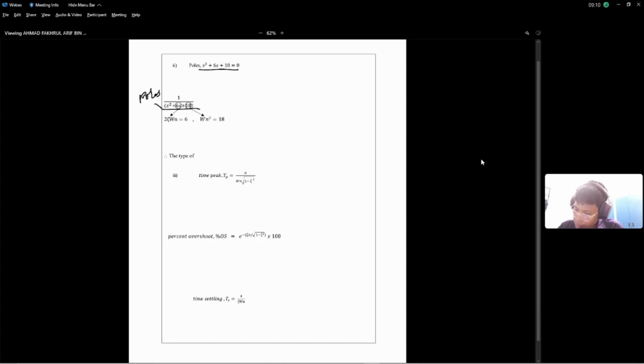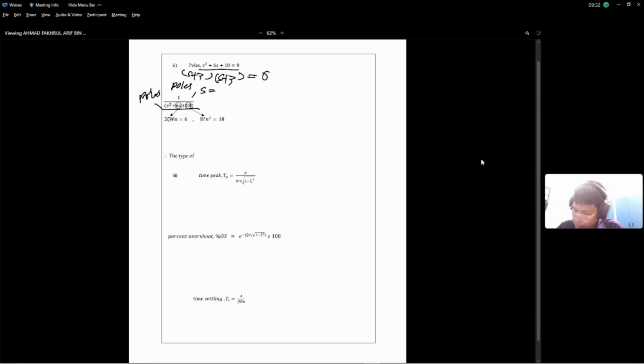So this is a quadratic equation. We can solve this by using a calculator or using the formula. If we press the calculator, it will be s plus 3, s plus 3. So s plus 3, and then poles.